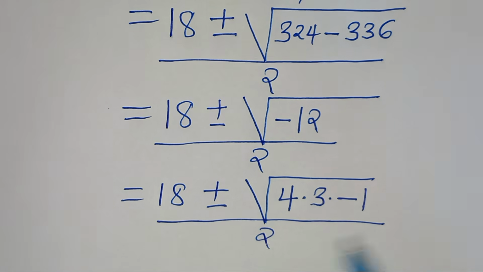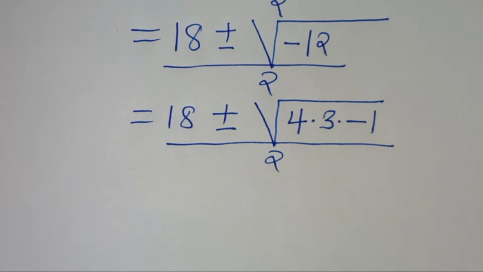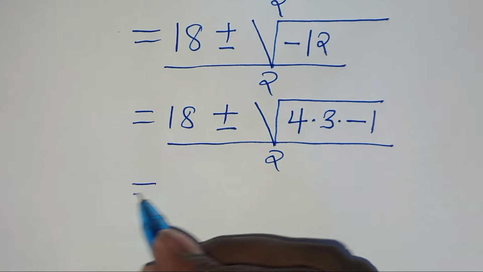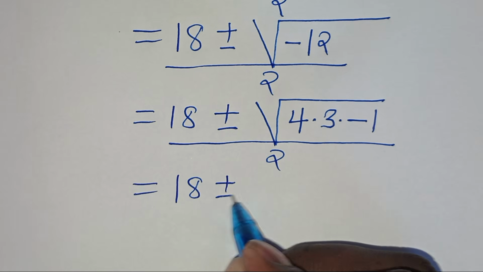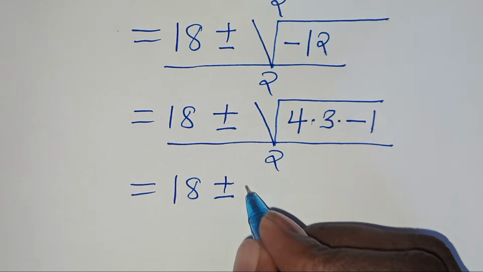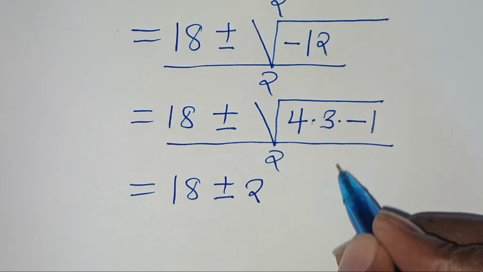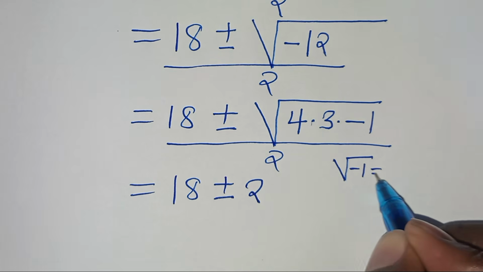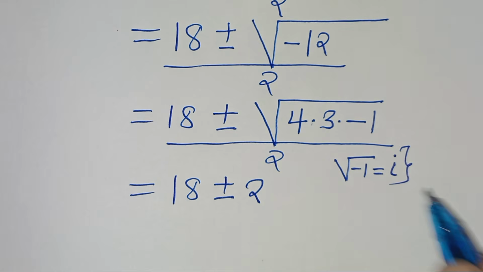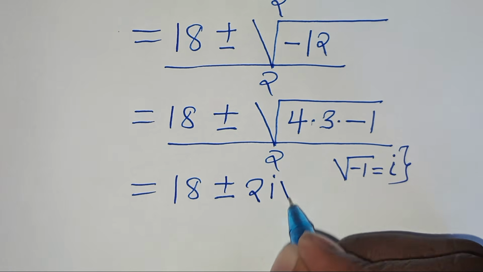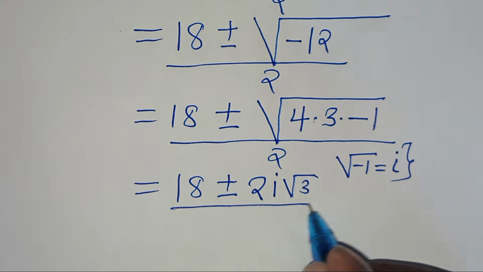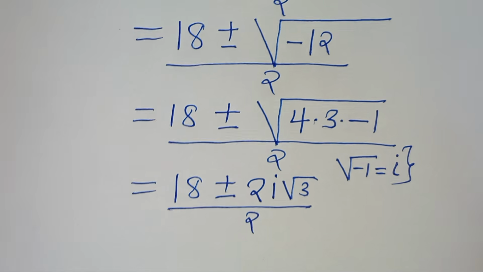So we have 18 plus or minus the square root of 4, this is 2, square root of -1, this is i, so we have 2i square root of 3 divided by 2.